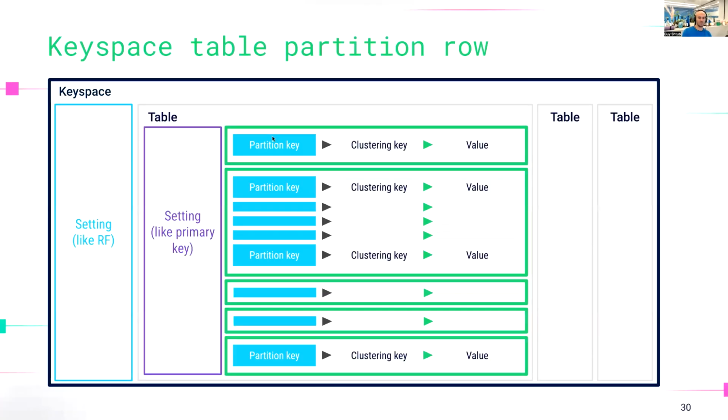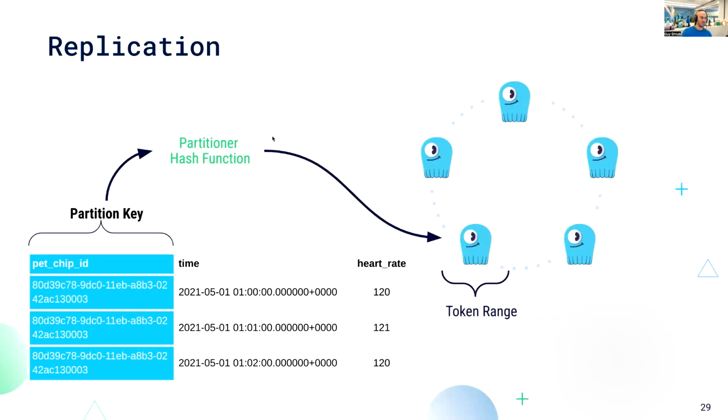If you remember, when we write data or read data, it doesn't matter, we query the database. And in order for it to know where the data resides, the database needs to perform the hash function on the partition key. In this example, the partition key is pet chip ID. But in the example that I showed you, it's pet chip ID plus another column, it doesn't matter which.